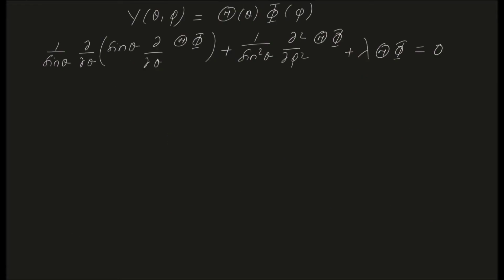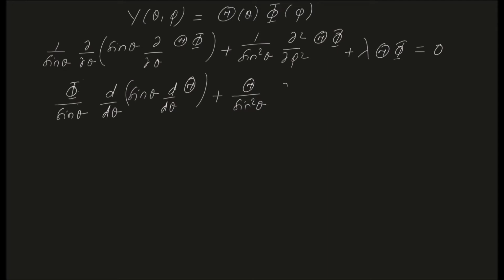So if you rearrange this expression, we can write it as capital Phi by sin theta, now the partial derivative can be written as a complete derivative, d by d theta sin theta d by d theta into capital Theta plus capital Theta by sin square theta d square capital Phi by d phi square plus lambda capital Theta capital Phi is equal to 0.